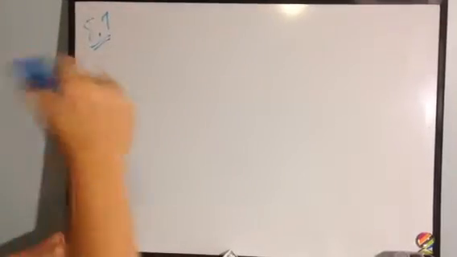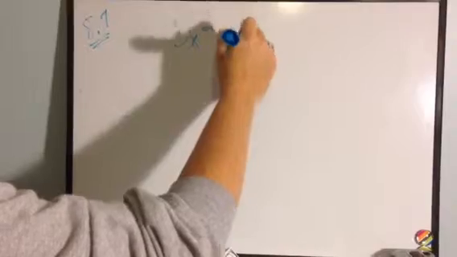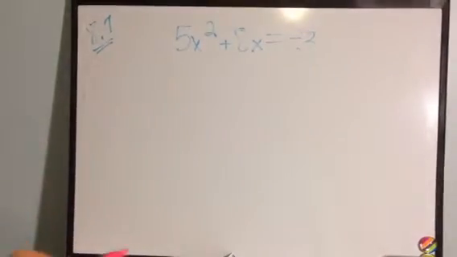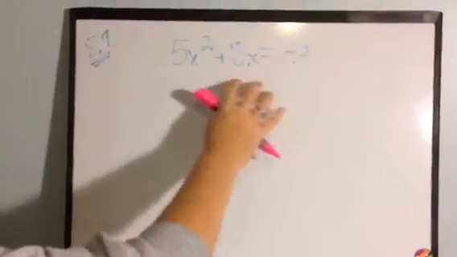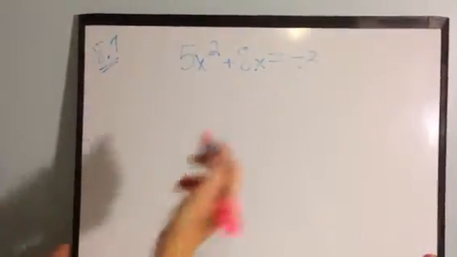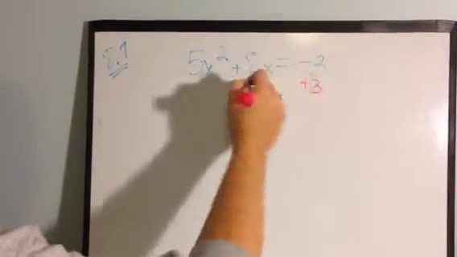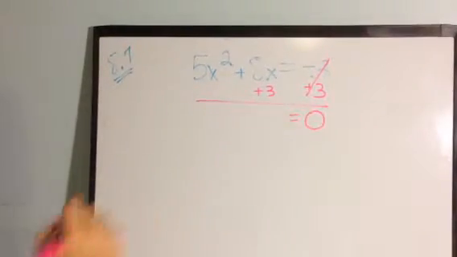So let's say I were to give you this trinomial equation, 5x squared plus 8x equals a negative 3. Well, off the bat, we got something wrong because it's not set equal to 0. So we need to move it around so that it's set equal to 0. So I can add 3 to both sides so that I make that right side equal to 0.